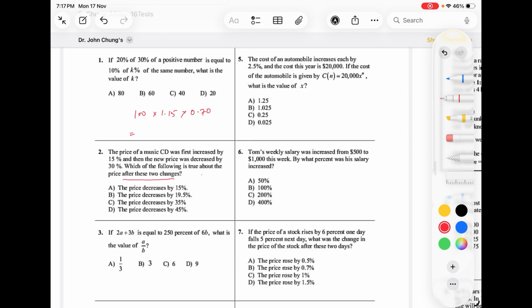Because when you decrease by 30%, you are just paying 70% of the amount. So it is 115 times 0.7, which gives you 80.5. So you are just paying 80.5, whereas the original price was 100. It means there is a price decrease of 19.5%, 100 minus 80.5.